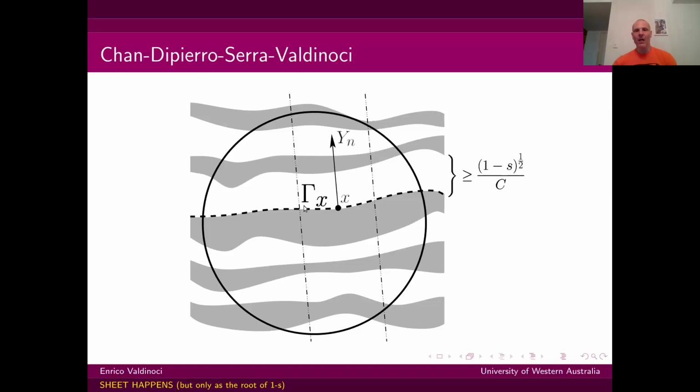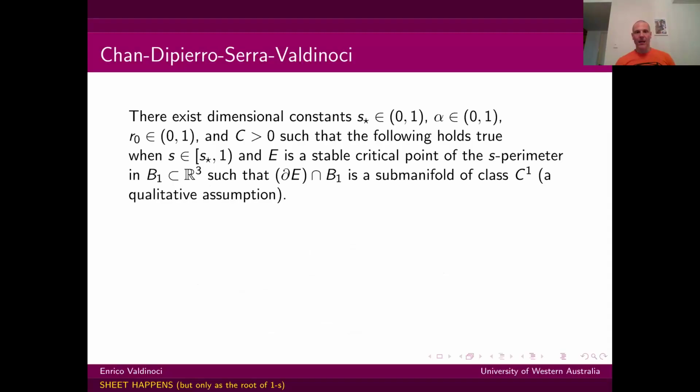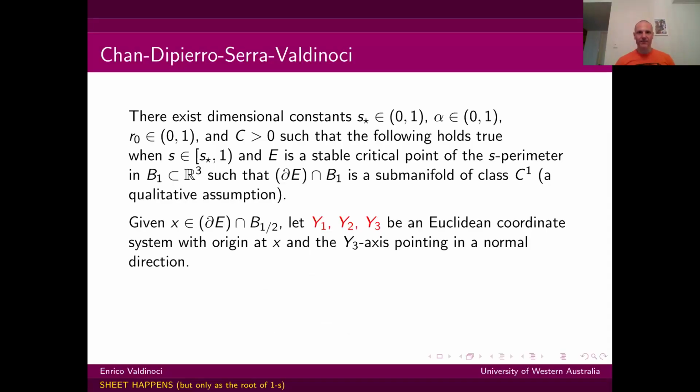And also, the graph describing this sheet is smooth, it's C2 alpha, in a way that remains stable, with an estimate that remains robust as s goes to 1. So this is the theorem if you want.